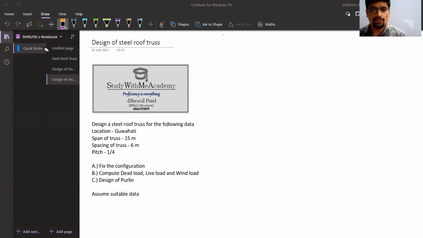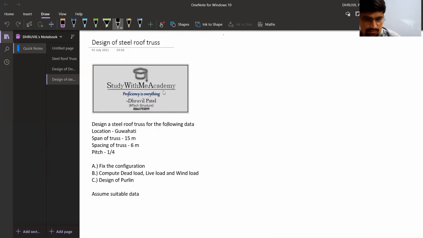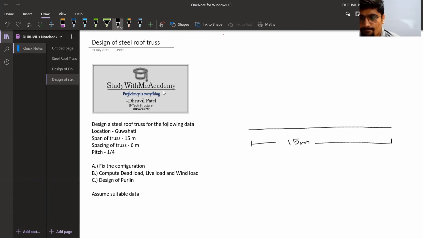So let's draw how the truss will look. If we say the span of truss is given as 15 meter, so this is 15 meter. And this will be the rise portion.